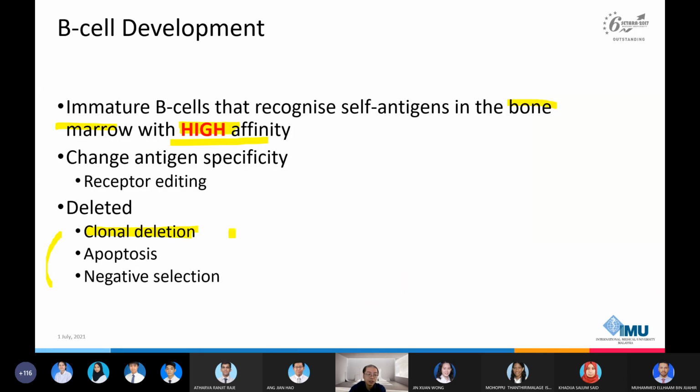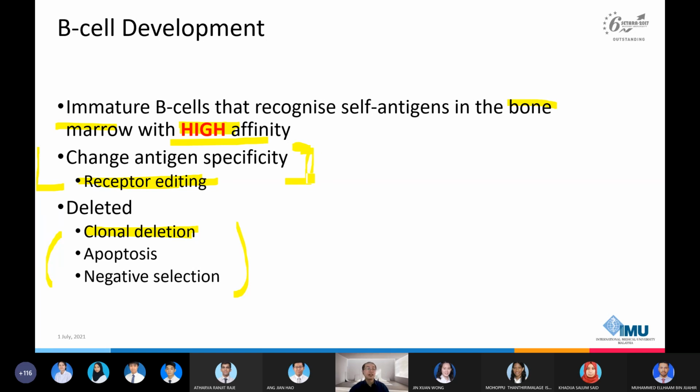It's either clonal deletion or receptor editing. Most importantly, B cells that recognize self-antigens with high affinity and high avidity may result mostly in clonal deletion.